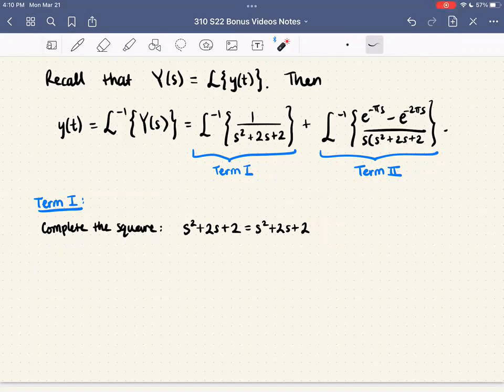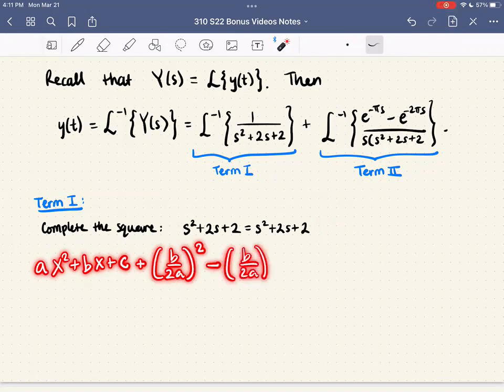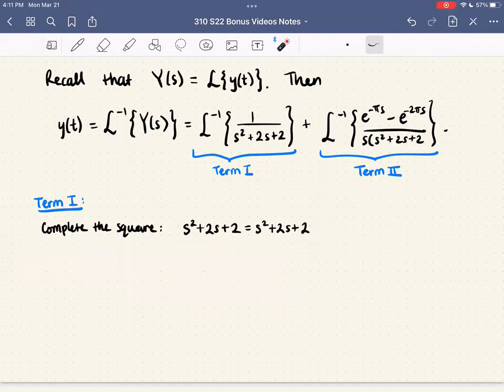Usually when you have a polynomial, say ax squared plus bx plus c, to complete the square you would add b over 2a squared and then subtract b over 2a squared. Adding and subtracting the same thing is like adding 0, but this lets us have a square of something in our function.